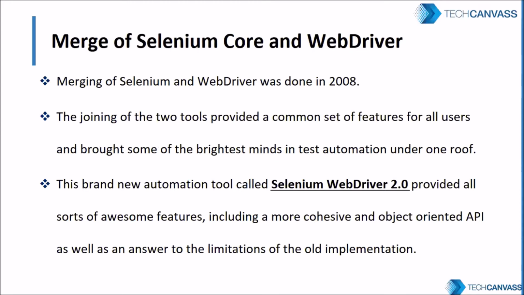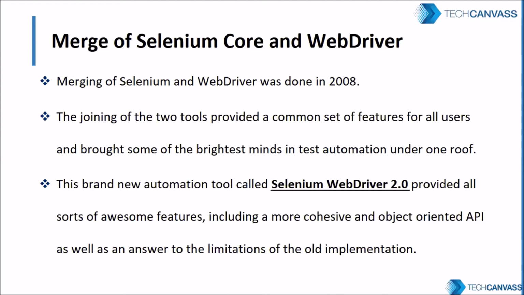The joining of the two tools, Selenium Core and WebDriver, provided a common set of features for all users. Also, this new tool generated after merging had very awesome features. It also included a more cohesive and object-oriented API. Selenium WebDriver used the concept of object orientation, which is a very popular methodology to develop software.